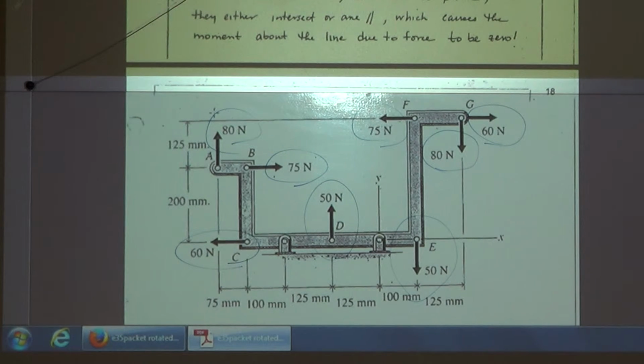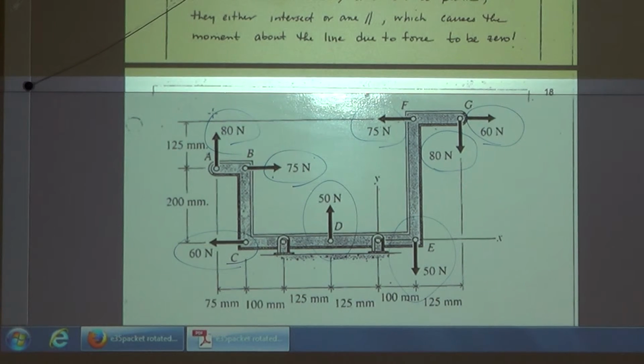What's the perpendicular distance between them? 125 millimeters. What's the moment going to be then? It's going to be positive. So 75 times 125. I'm looking at it this way, using my right hand rule, and I get a positive.